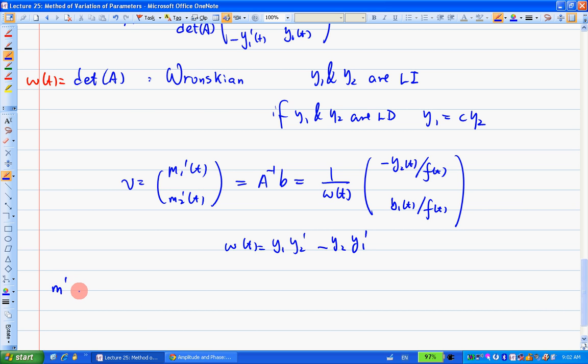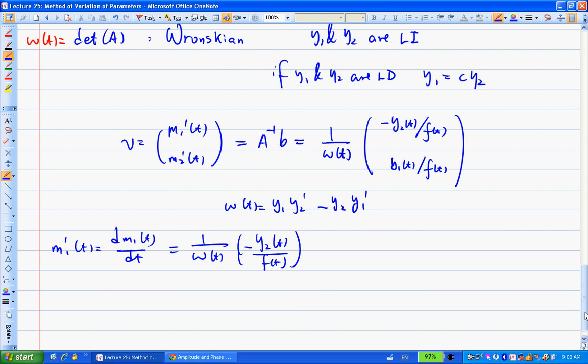You need to understand M1 prime of t is basically dM1 over dt. So this guy equals 1 over W(t) over f of t. So multiply the dt to the other side, and this side becomes dM1, and then you integrate both sides. So we have M1 of t equals the integral, with a negative here, y2.